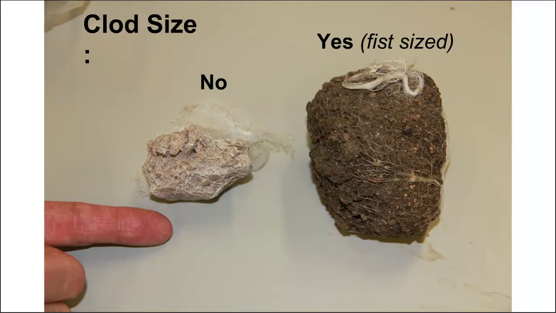We need good mass for good, quality bulk density data. And the little clod that you see that says no there, that looks about like the tip of somebody's finger, that clod will not produce any usable data for us. There's just not enough soil there. It's probably mostly saran compared to the size.